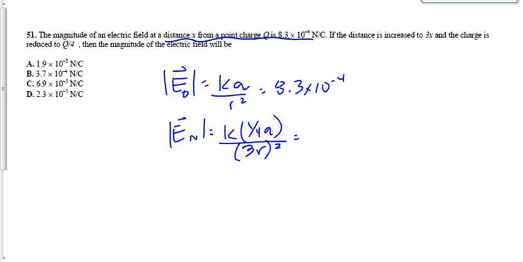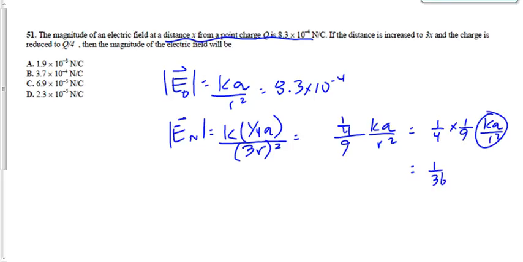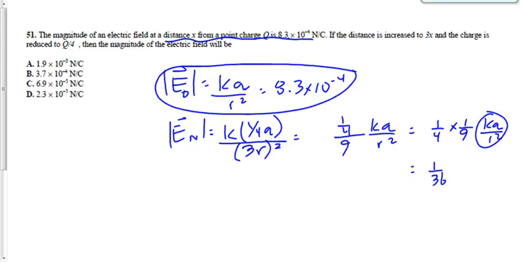We got 1/4 kq over 3 squared, which is 9. That's the same thing as saying 1/4 times 1 over 9, right? 1/4 divided by 9 is the same thing as 1/4 times 1 over 9. So that becomes 1 over 36 times my original electric field, 8.3 times 10 to the negative 4.